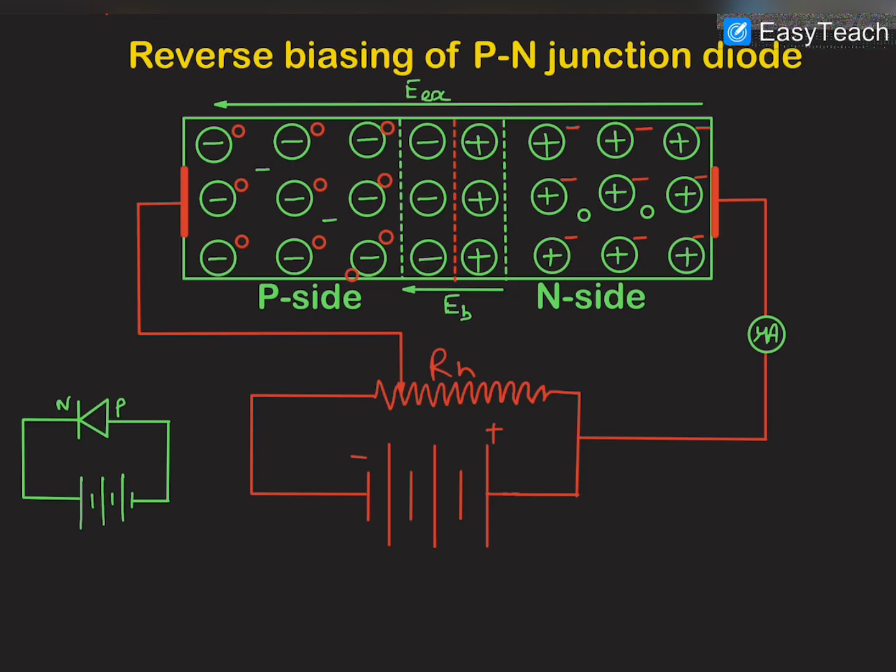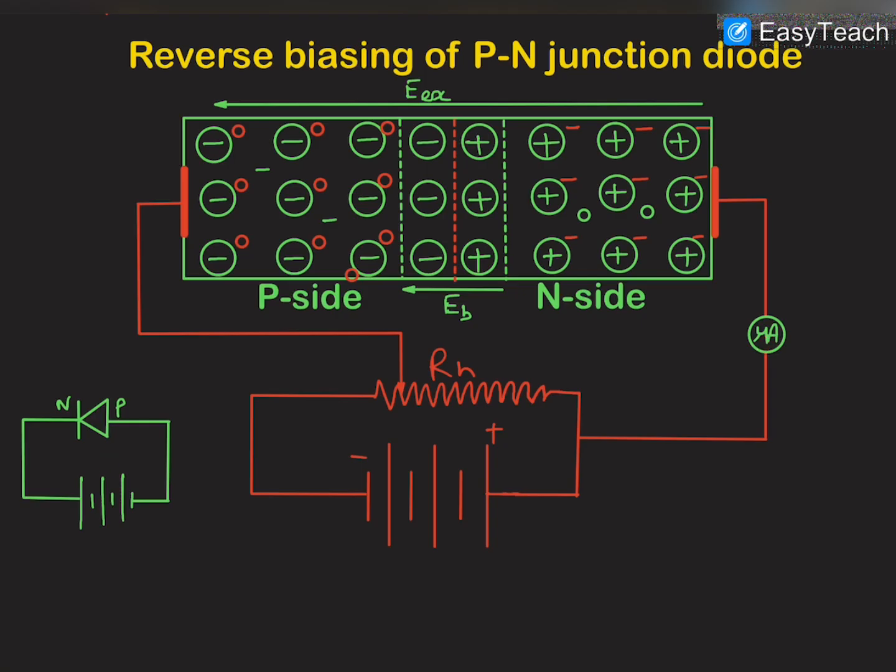Due to this high resistance and the low availability of charge carriers, which are the minority charge carriers, the current flowing in the reverse biasing is very small, and therefore we can say that the current in the reverse biasing remains almost constant, and it is of the order of microamperes. So this is the connection.